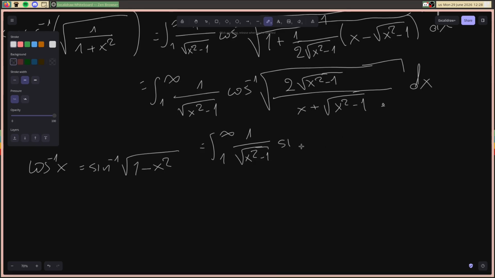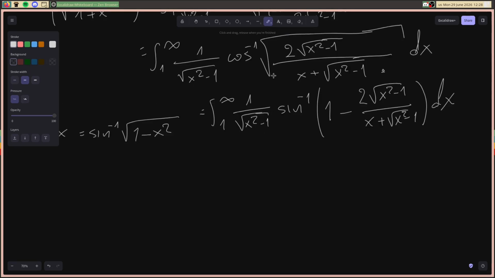After applying it, this just becomes 1 minus 2 square root of x squared minus 1 over x plus square root of x squared minus 1 dx, which we can then make a common denominator inside the bracket, and you end up with x plus square root of x squared minus 1 minus 2 square root of x squared minus 1.